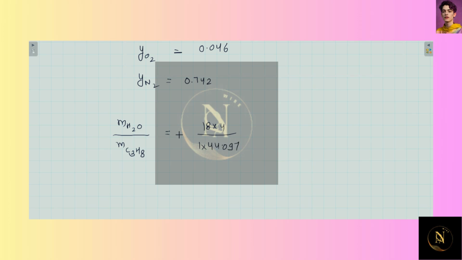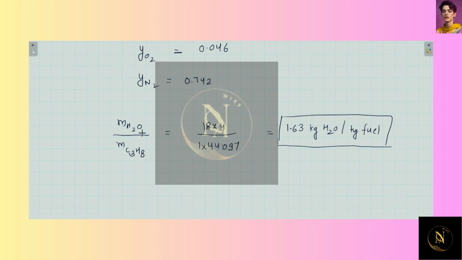This will give the ratio of mass of the water and the mass of the fuel. So that comes out to be 1.63 kg of H2O per kg of fuel. Sorry, this is the ratio of water and the mass of the fuel.